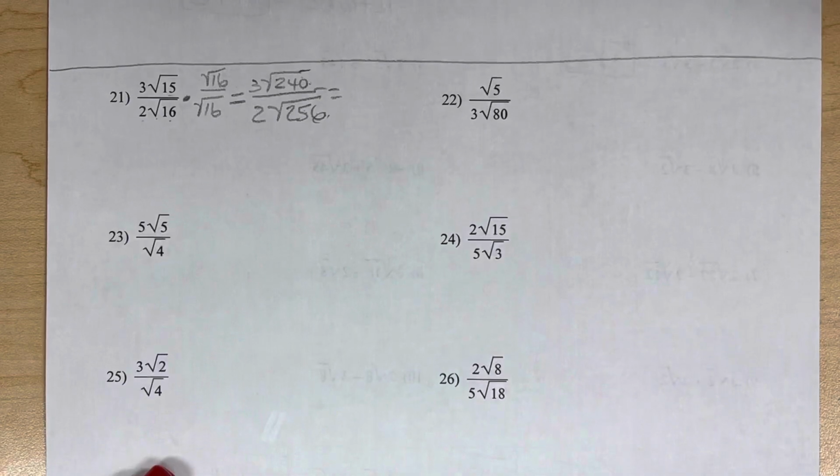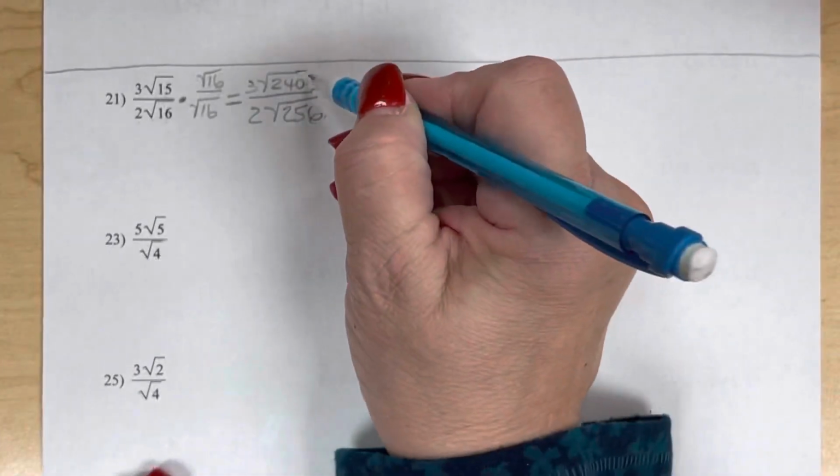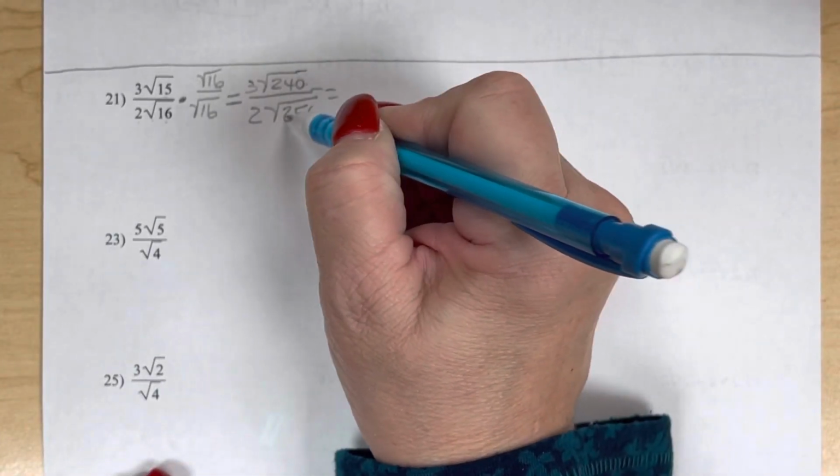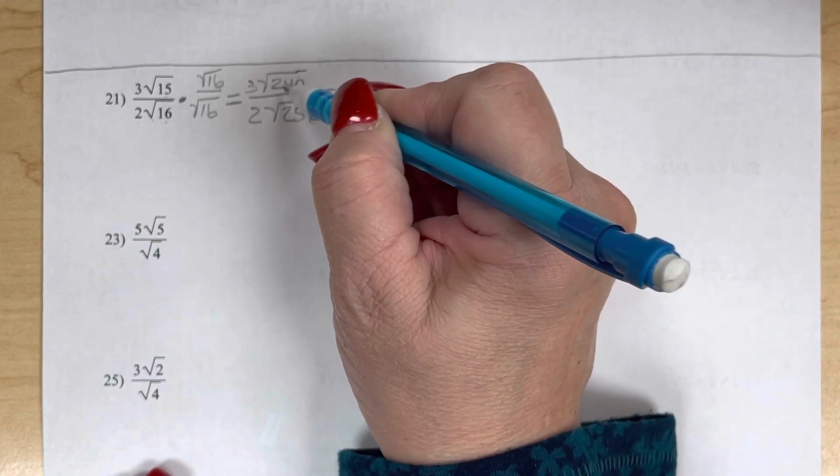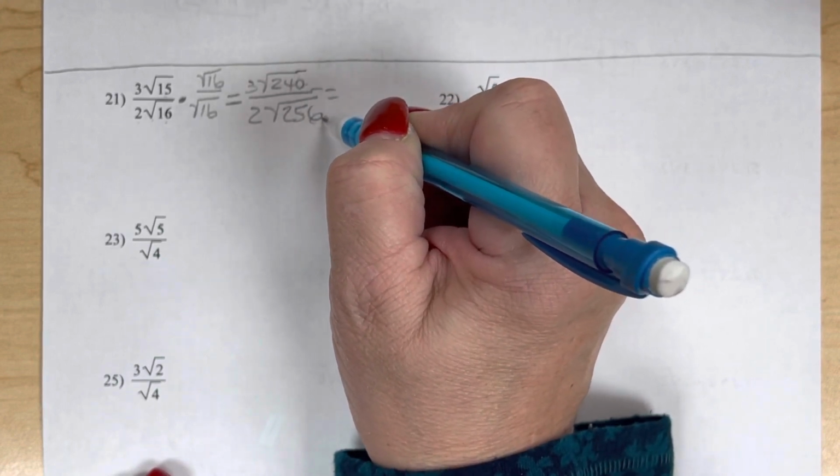Sometimes it's a perfect square and sometimes it's not, but the whole point is that you know that that's not simplified, okay? You know that you can whittle that down quite a bit, okay?